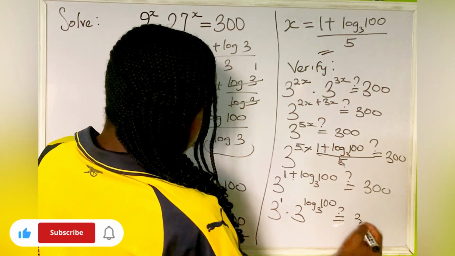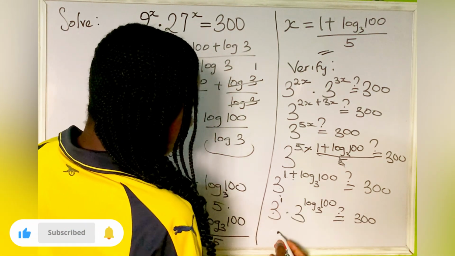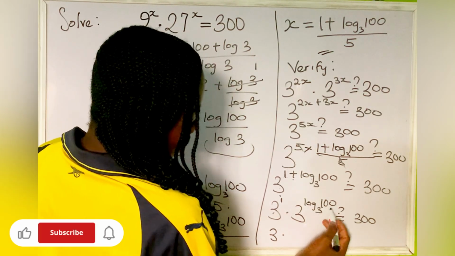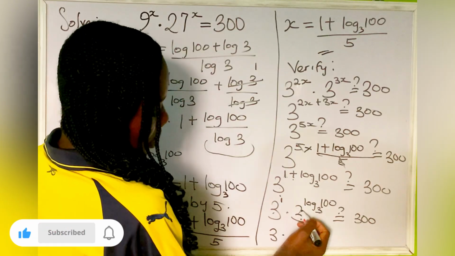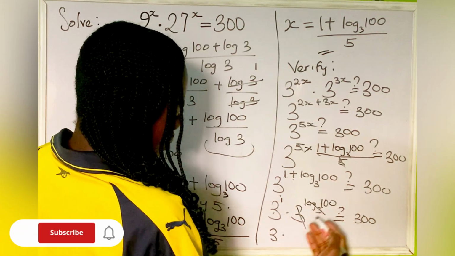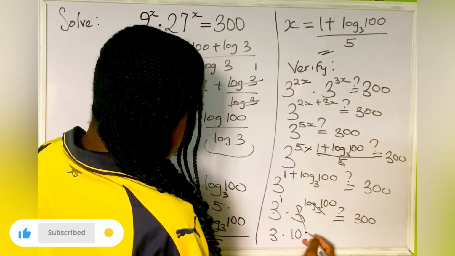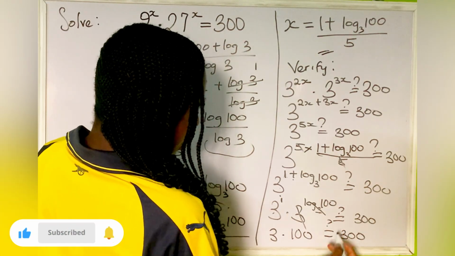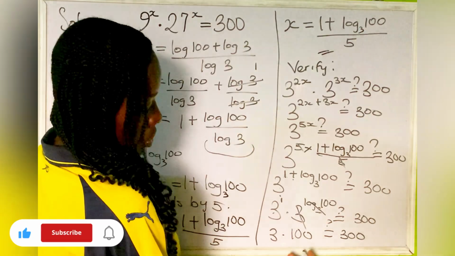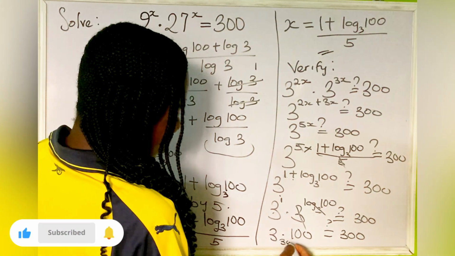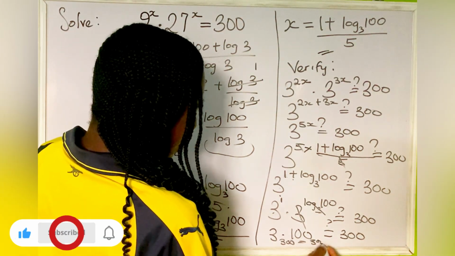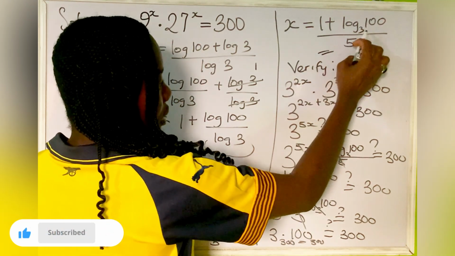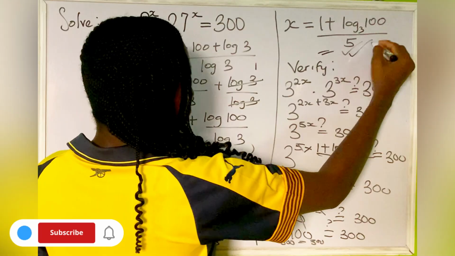Is it equal to 300? 3 to the power of 1 is what? 3. Multiplied by 3 to the power of log 100 base 3. The base 3 and the log base 3 will cancel. So we're left with 100. So we see that 3 times 100 is equal to 300, and this is equal to 300. Therefore, our answer 1 plus log 100 base 3 over 5 is correct.